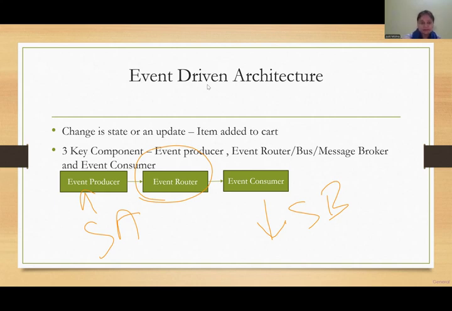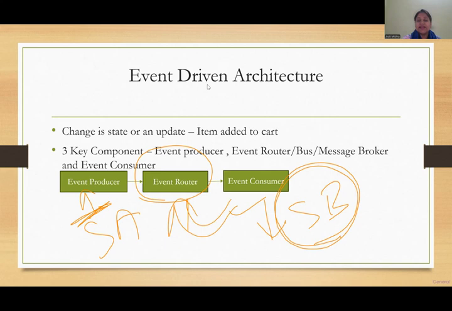So now whatever is being done by service A, service B won't be waiting, right? It would have just subscribed to this message broker, okay, and whenever there is an update, it would get a notification. There are two kinds of notification: pull and push, right? In case of pull, you have to constantly check, is there any update, is there any update.